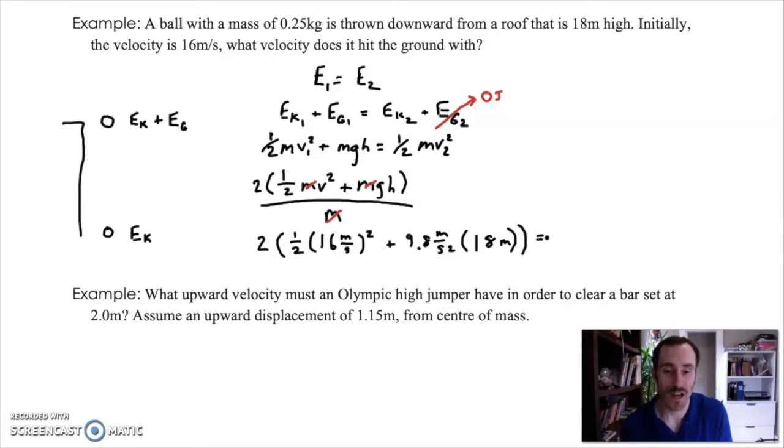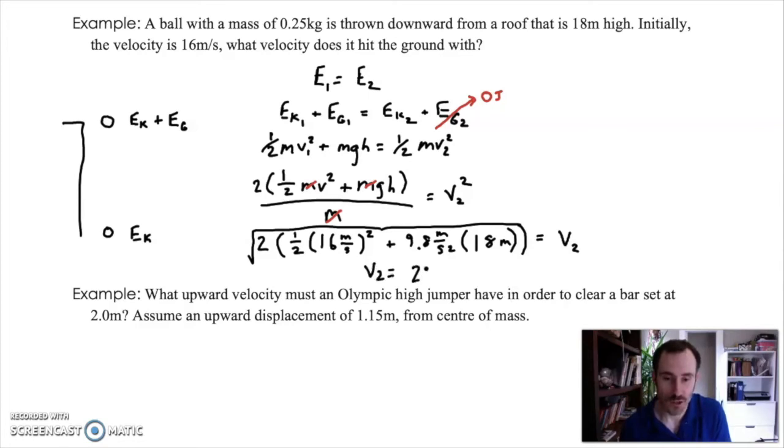All of that together equals v2 squared. But I'm just going to right away square root this whole thing. See if I can do this cleanly. There you go. I'm going to square root that whole thing to get v2 by itself. And when you do that, you get v2 is equal to 25 meters per second. That's how fast it's going when it hits the ground.